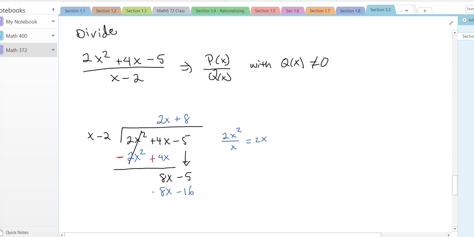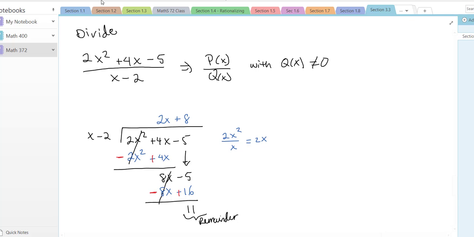And we subtract, so carry the negative through. Negative 8x minus a minus becomes a plus 16. And we add them. 8x minus 8x, those cancel. Negative 5 plus 16 is 11. So this becomes our remainder.